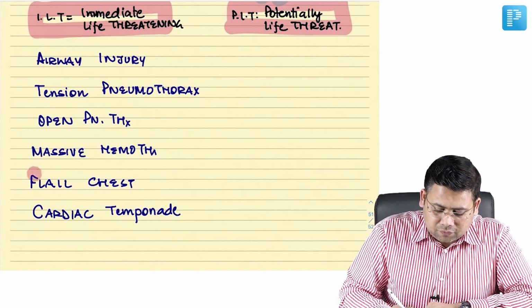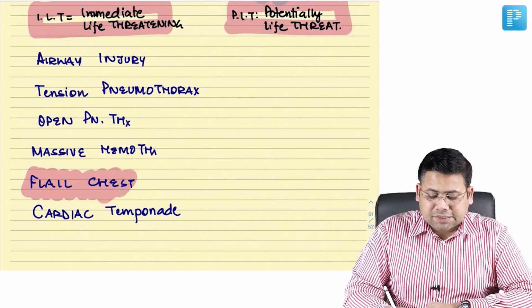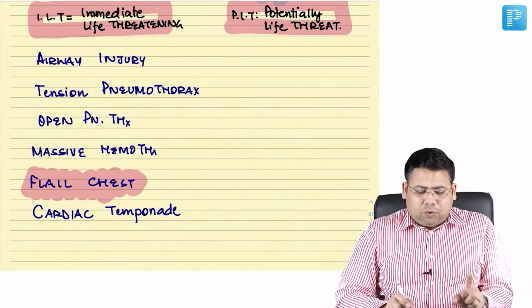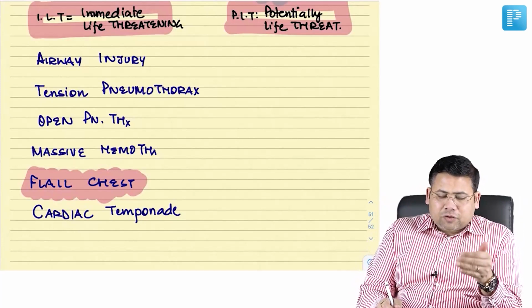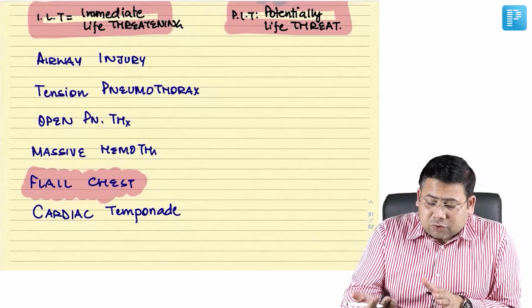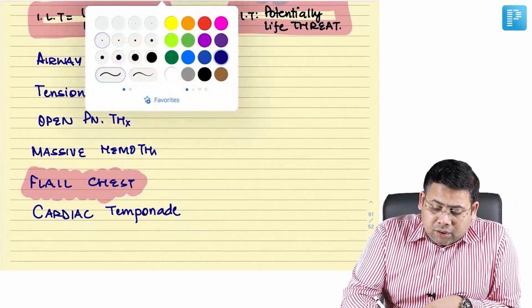So flail chest, this is important. This is a controversy, that is why I'm highlighting. Don't worry, because ATLS considers flail chest as a part of PLT, not ILT. Let us see this concept of PLT also.